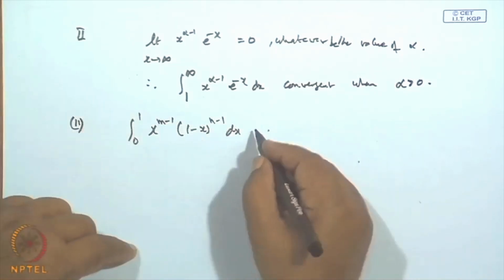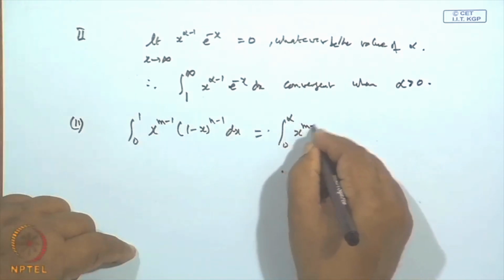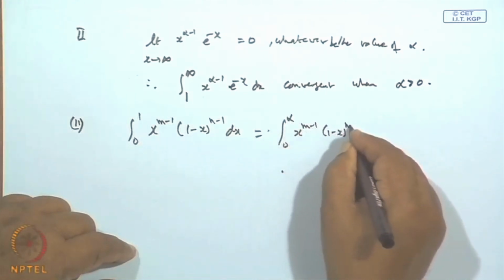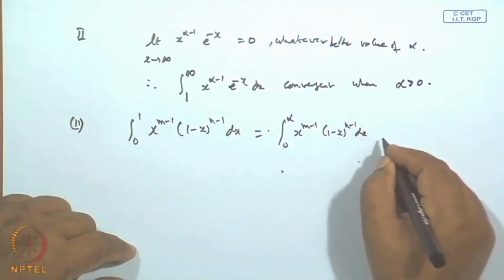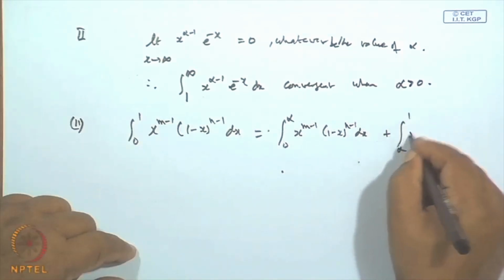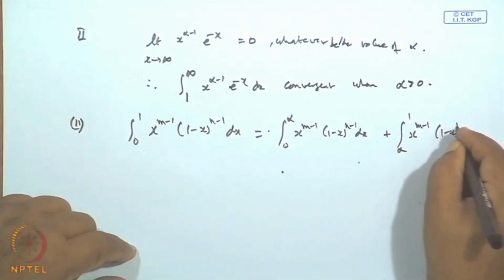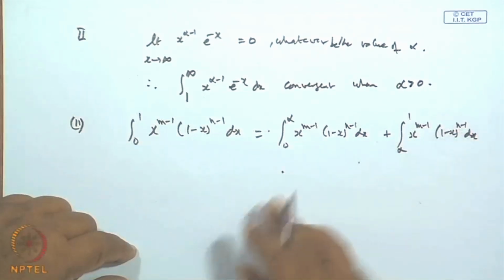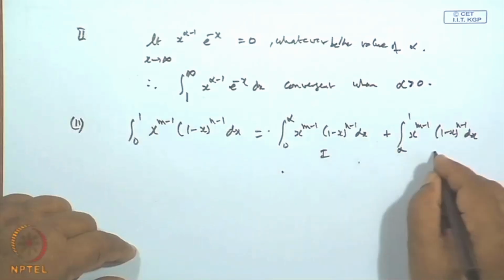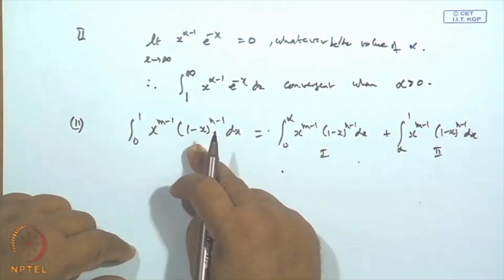So we break it into two parts: 0 to alpha of x to the power m minus 1 (1 minus x)^(n minus 1) dx, plus alpha to 1 of x to the power m minus 1 (1 minus x)^(n minus 1) dx.